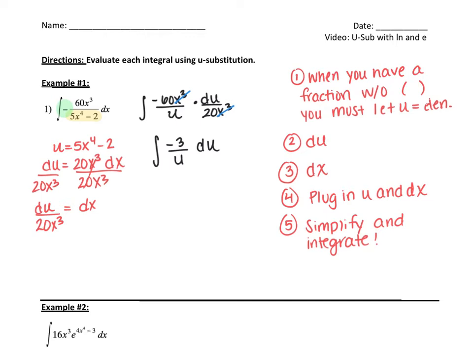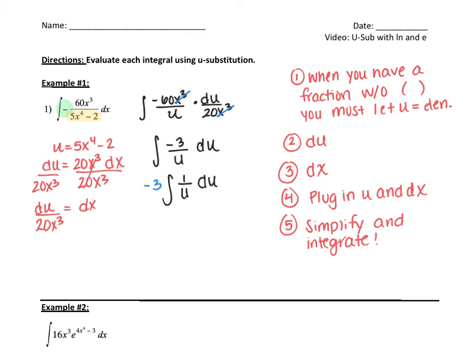That should make this a little bit easier for us to integrate. So I know that when I have 1 over a variable, that it's ln. So the first thing I want to do is take this negative 3 and bring it on the outside. So negative 3, and then it's simply 1 over u du.